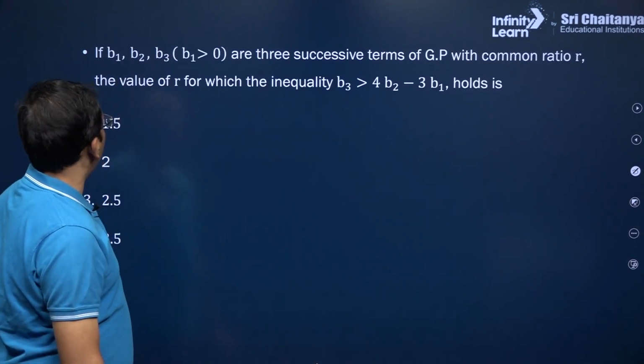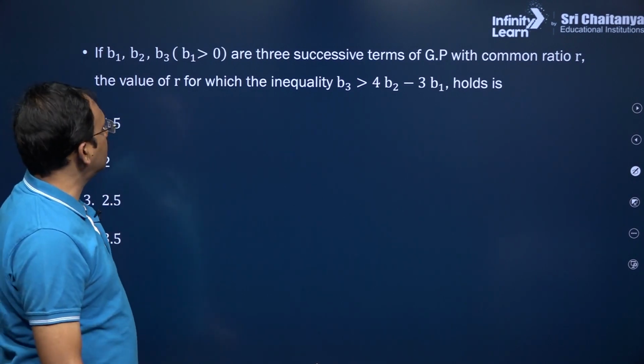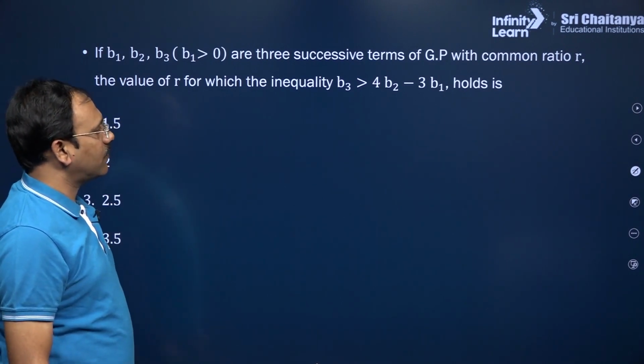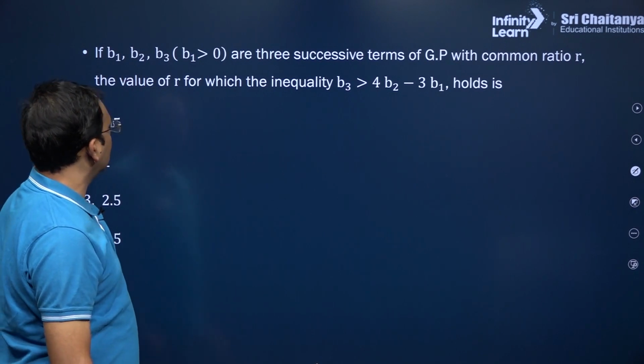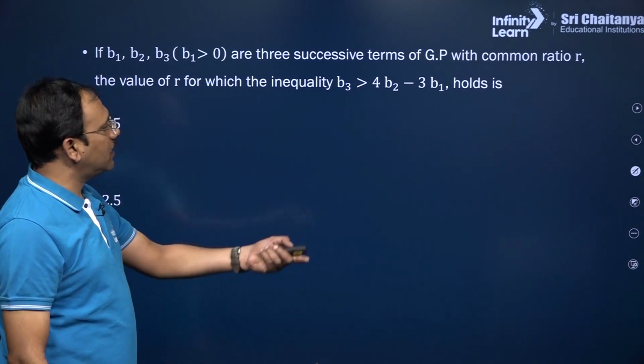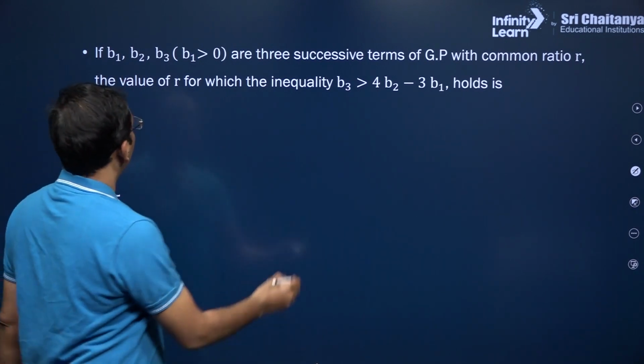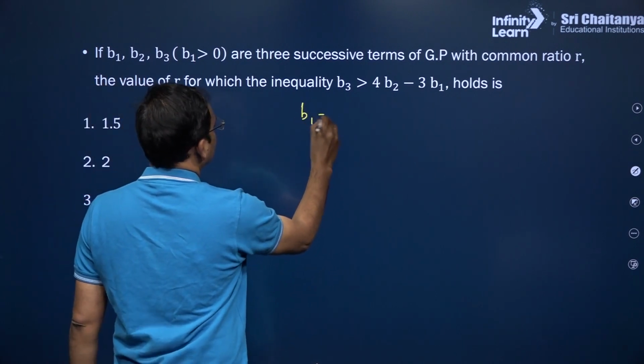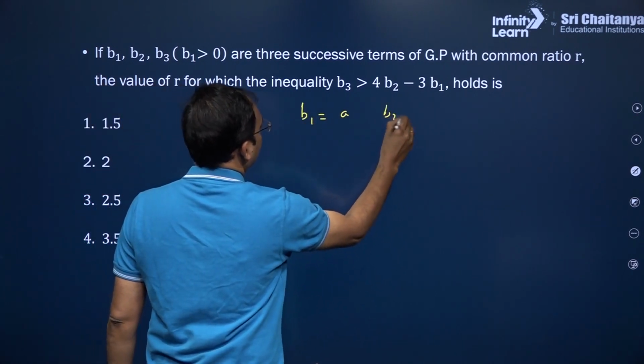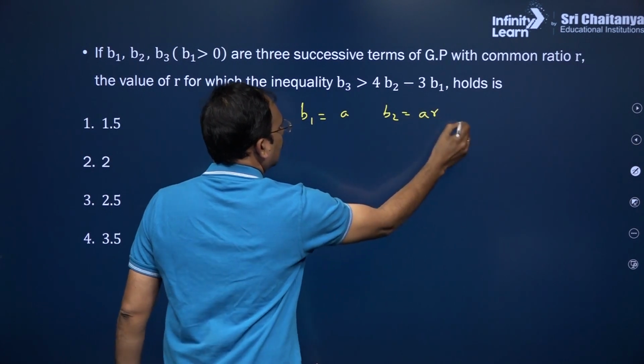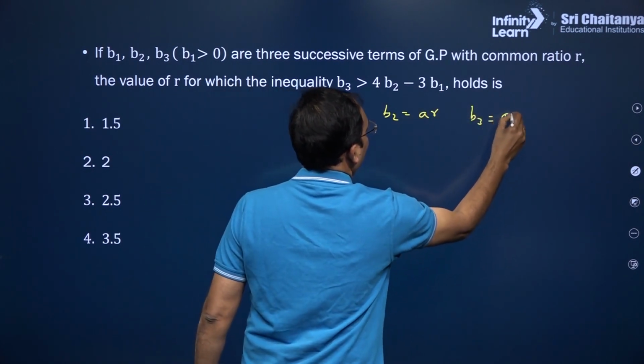Next, you see B1, B2, B3 where B1 is positive are 3 successive terms of a GP with common ratio R, then the value of R for which the inequality holds. Why don't you take B1 as some A, B2 as AR, B3 will be AR square.